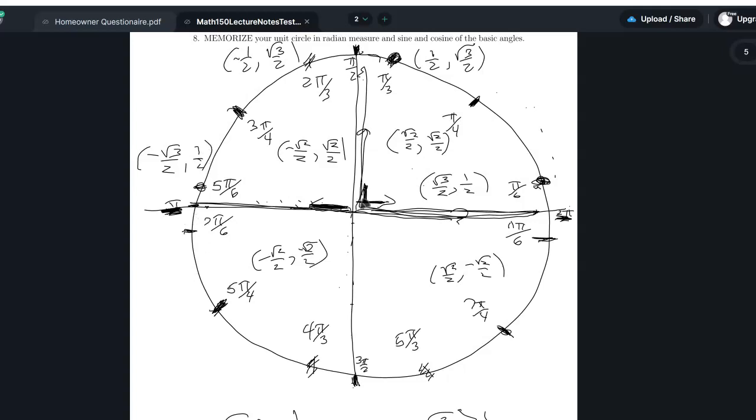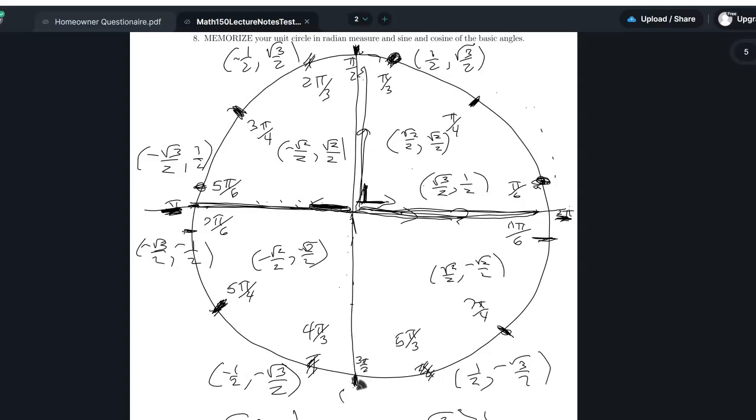This one here, large negative in the x direction and a small negative in the y direction. And then this one here, I'm going to have small negative, negative 1/2, and a large negative y value. And then here, I'm going to have a small positive x value and a large negative y value.